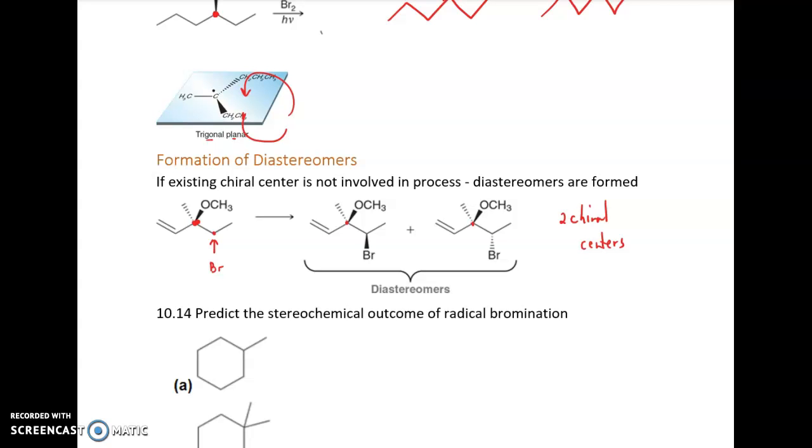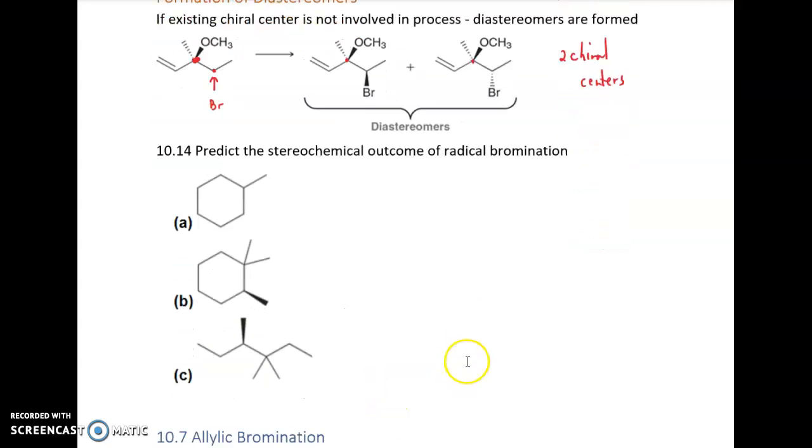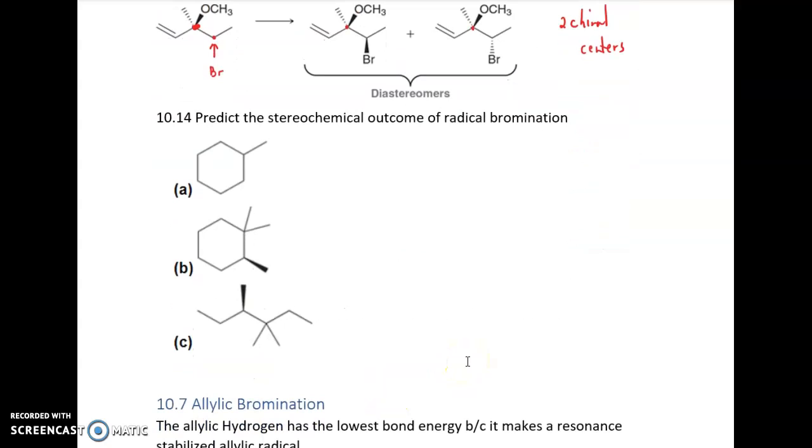So let's predict the stereochemical outcome of radical bromination to these compounds. First, we need to pick where that hydrogen is going, where the bromine is going to go. And it's going to go on this carbon right here because that's going to make a tertiary radical intermediate.